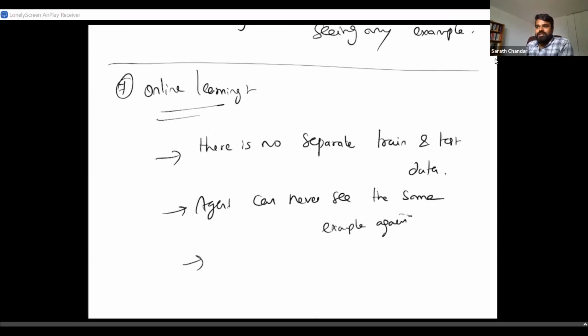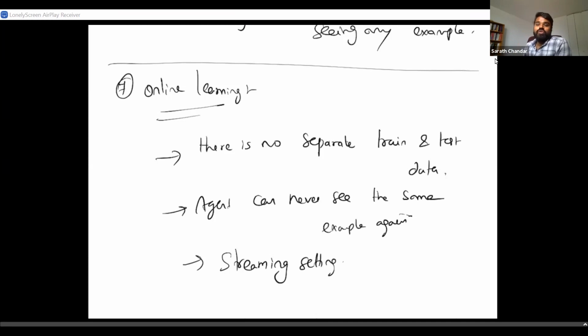You can also consider this as a streaming setting, where you deploy a machine learning system in a setting. It sees the first example, it has to make a prediction. Then it sees the second example, it has to make a prediction, and so on.